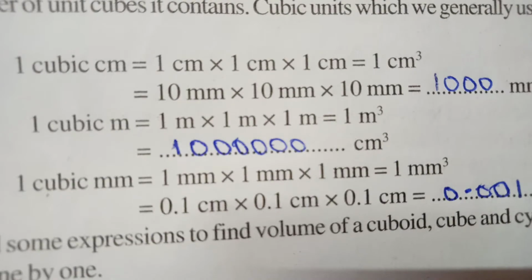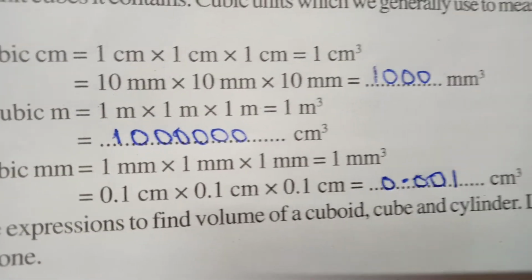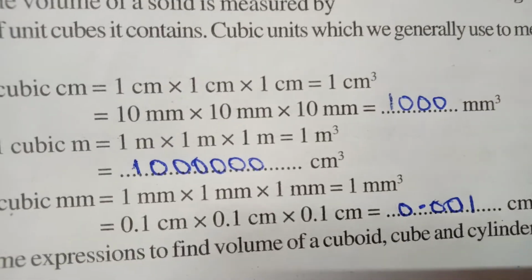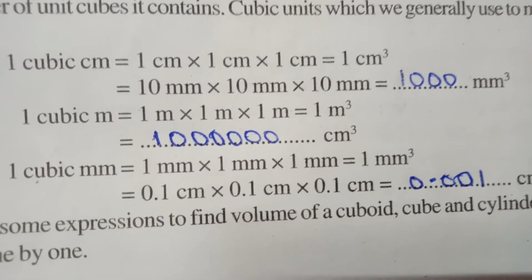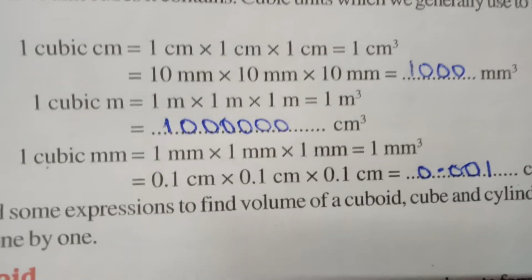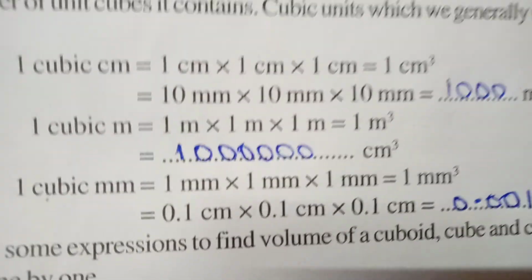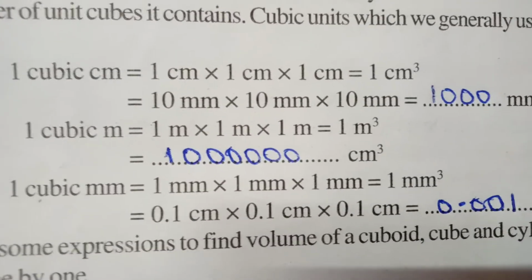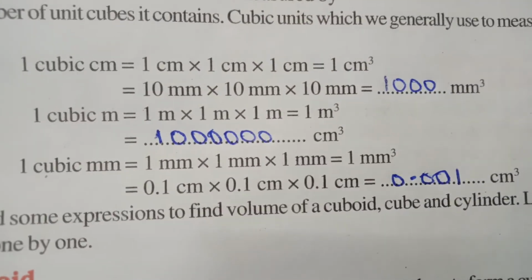Similarly, 1 cubic millimeter is 0.001 centimeter cube. These are the conversions. Volume units are nothing but cubic units: if it is meters, cubic meters; if it is centimeters, cubic centimeters.